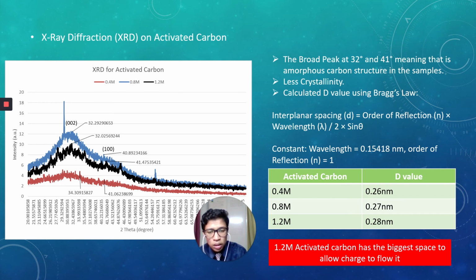So the bigger the value, the more space, which means there is porosity in the activated carbon. So if we use it as an electrode, the charge can flow into the activated carbon because of the space.